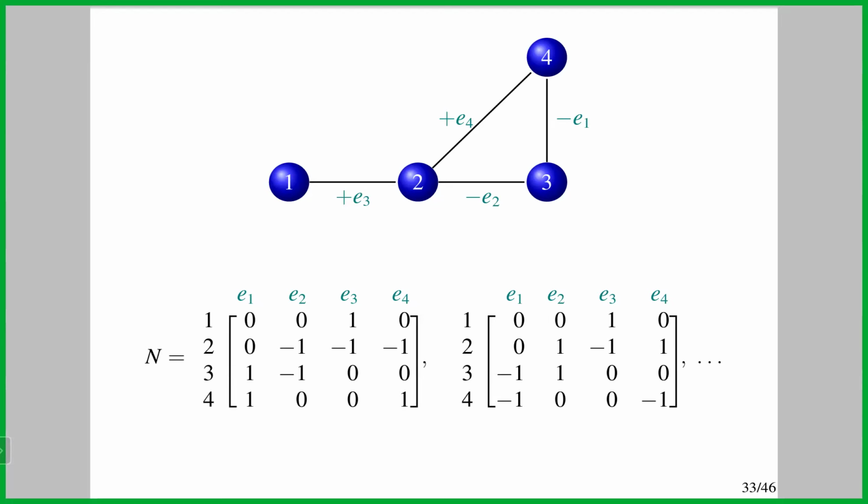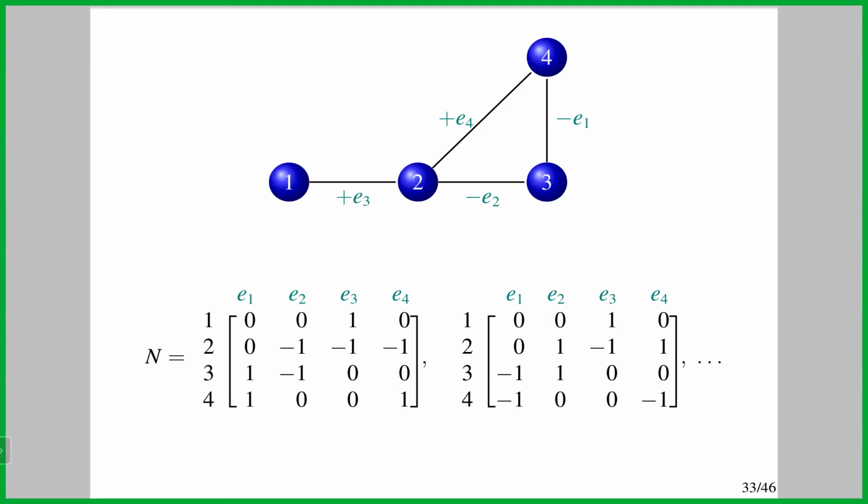Similarly, edge 2 is also a negative edge, between 2 and 3, so the 2 and 3 entries of column 2 are going to be of the same sign. In this case, I chose both -1. And edge 3 is a positive edge, between 1 and 2, so the 1 and 2 entries of column 3 have opposite signs. One would be 1, the other would be -1, so you have two choices.